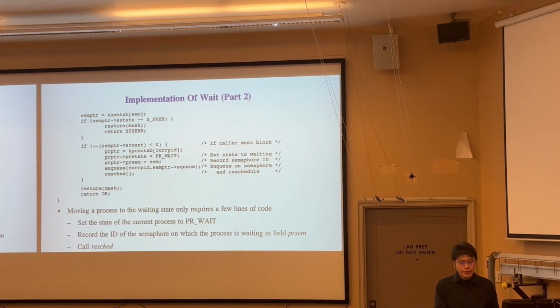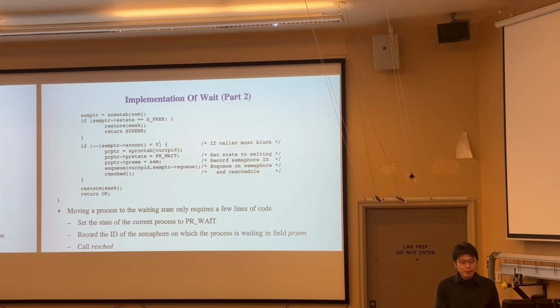This is the core logic of the wait function. What you're doing here is very simple. You decrement this number, and if it's smaller than 0, it means that this process needs to be blocked.